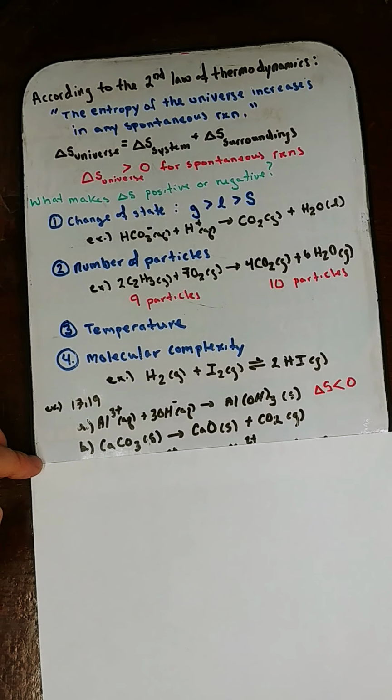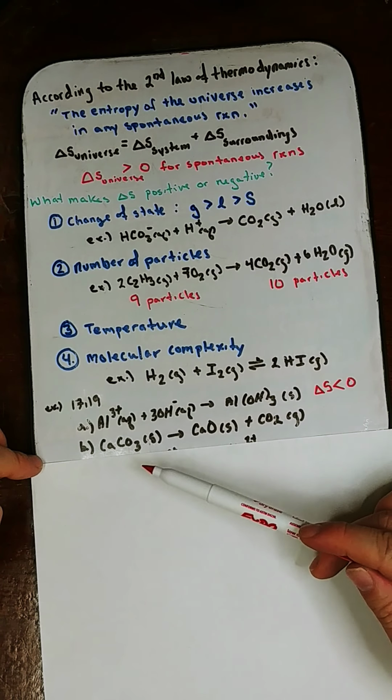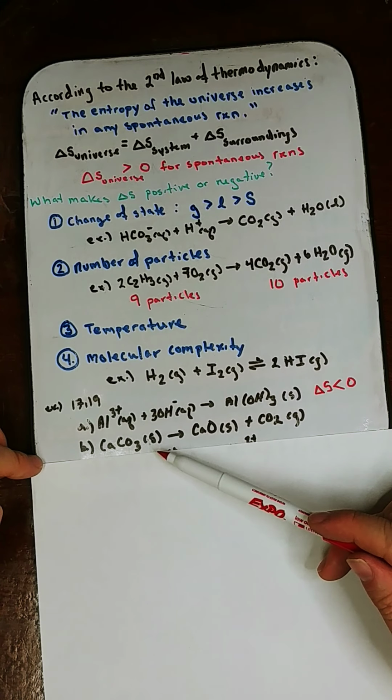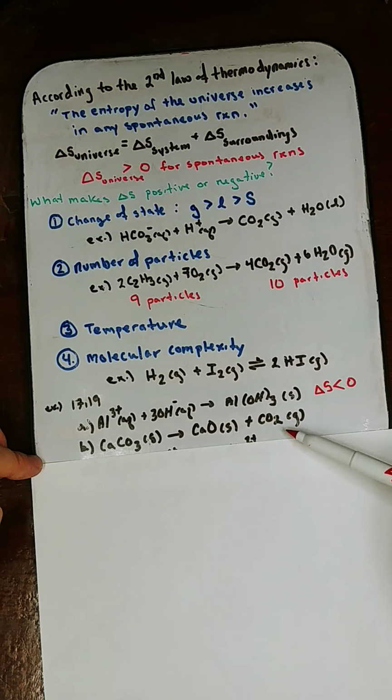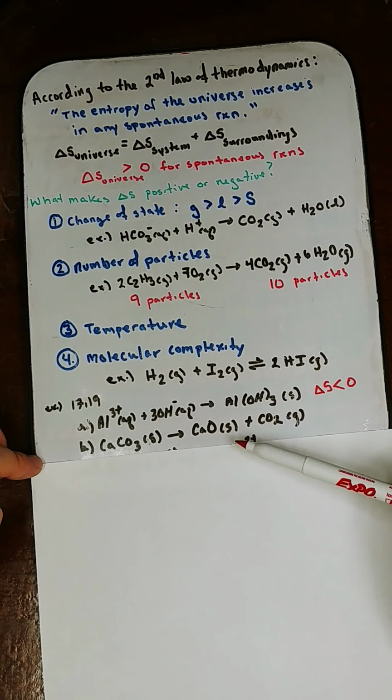In my second reaction, I have solid calcium carbonate, so this is calcium carbonate in the solid phase reacting to produce calcium oxide in the solid phase, and a molecule of carbon dioxide in the gas phase. So I've gone from 1 particle in the solid phase to 1 particle in the solid phase plus 1 particle in the gas phase.